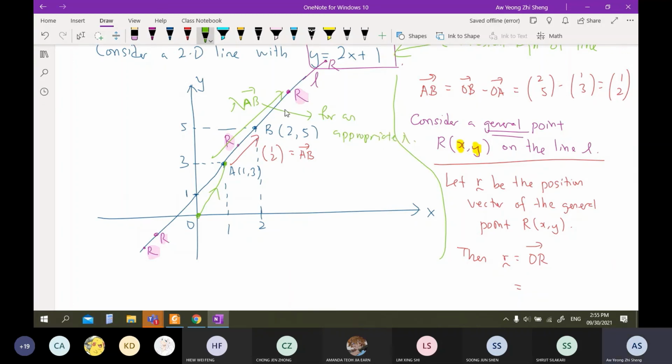Then what if my R is down there? Getting from A to this far point R here, I can also take a scalar multiple of AB, of course for a different lambda.